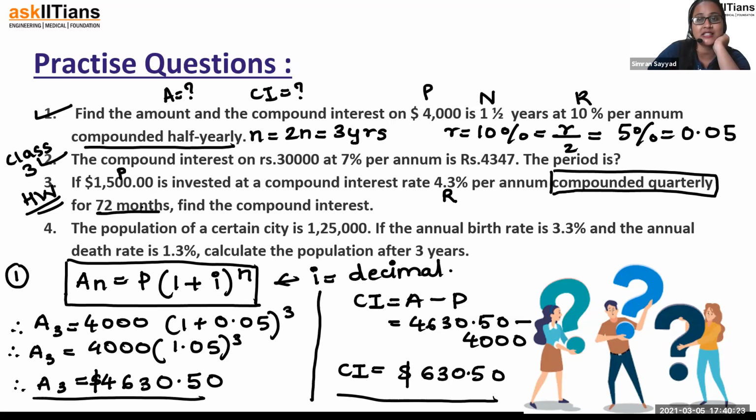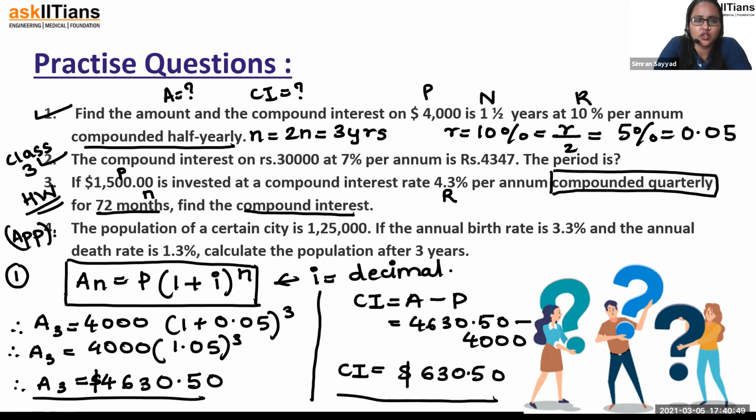So here this is in months, so you have to first convert this into years, and then you have to do n by 4. And you have to find the compound interest. That's it. Okay, so let's do this one, the application based.